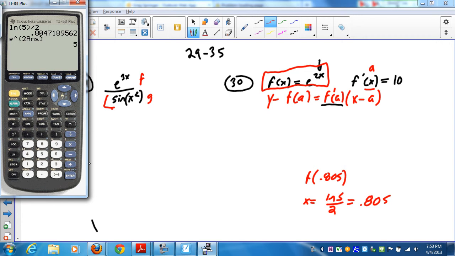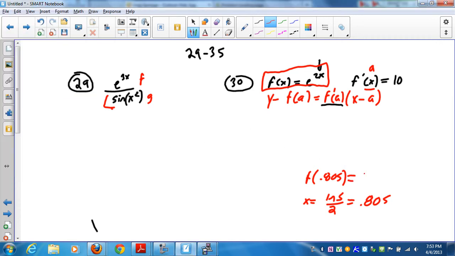And lo and behold, it's equal to 5. Well, we kind of expected that anyway. So the function value there is equal to 5. So we have y minus 5 is equal to 10 times x minus 0.805.